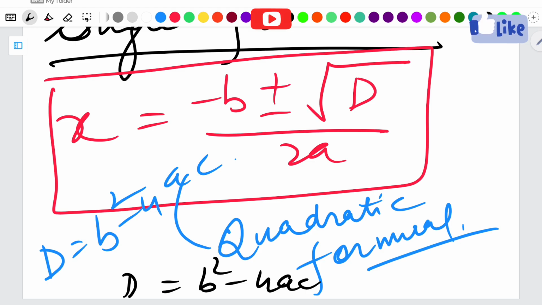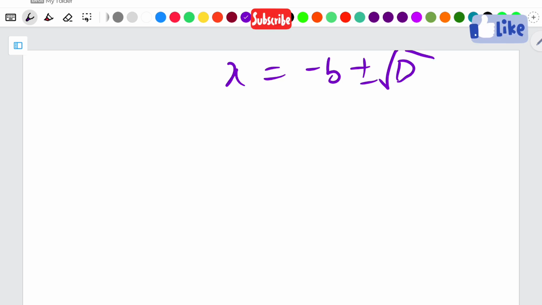Okay, b will be known to you. a is also known to you as it is the coefficient of x square, b is the coefficient of x, and d you can find out by using the formula b square minus 4ac. So from all this information we can find the values of x. That means x is equal to minus b plus minus root under d by 2a.